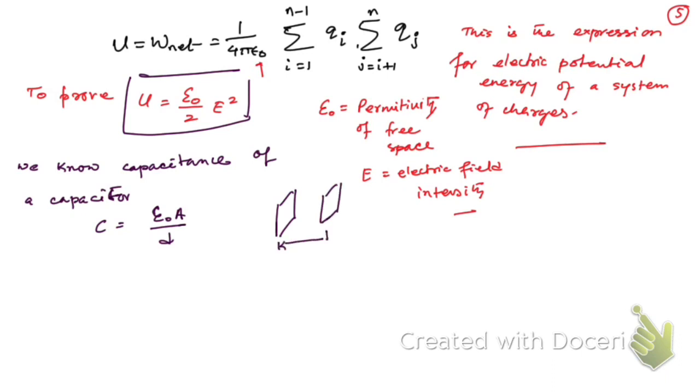D is the separation between the plates of the capacitor, and A is the area of its plate, right?